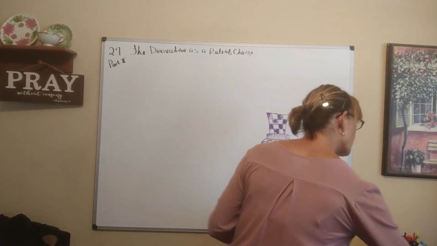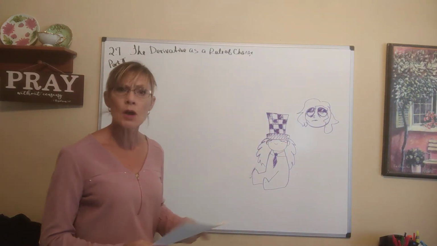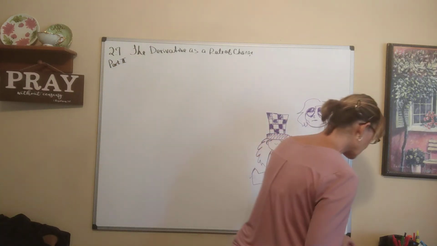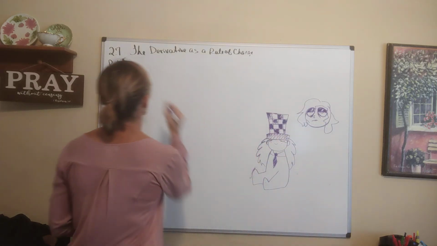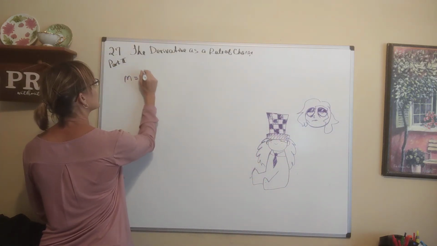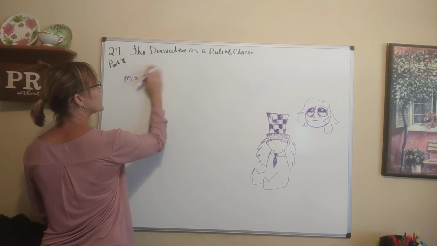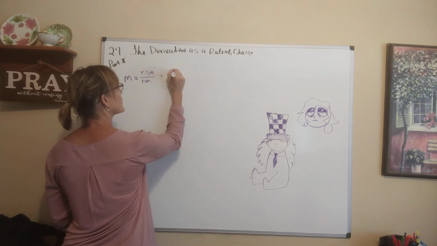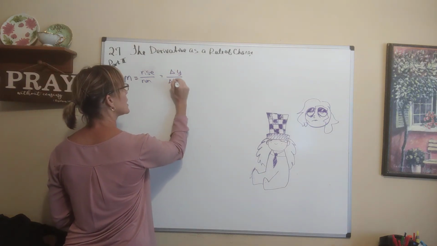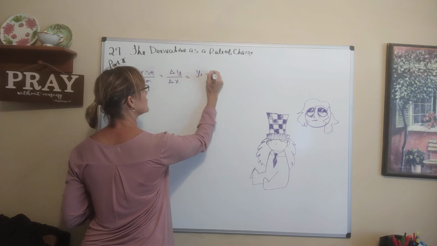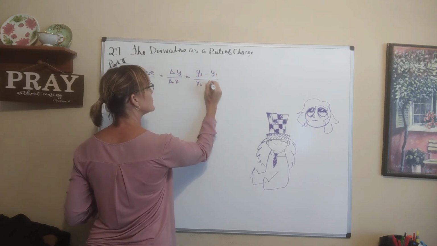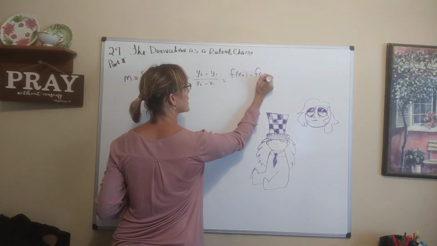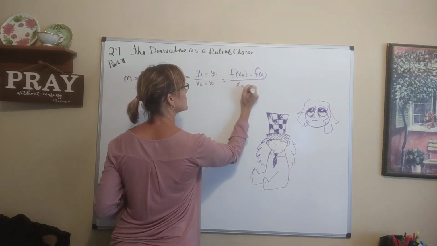If we consider the slope of a line, which is kind of how we started, the difference quotient is the slope of a line. The slope of a line is the change, basically the rise over the run, or the change in the y values over the change in the x values. y2 minus y1 over x2 minus x1, or f of x2 minus f of x1 over x2 minus x1.